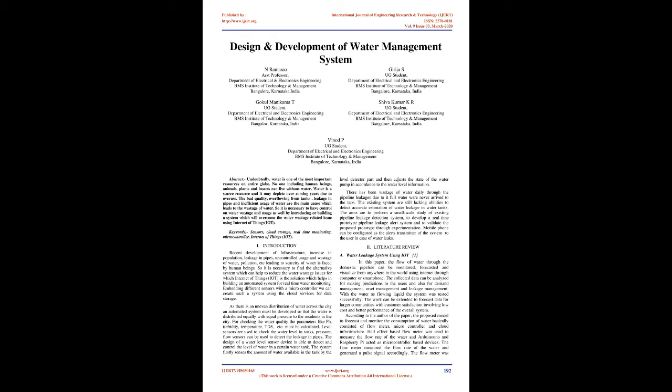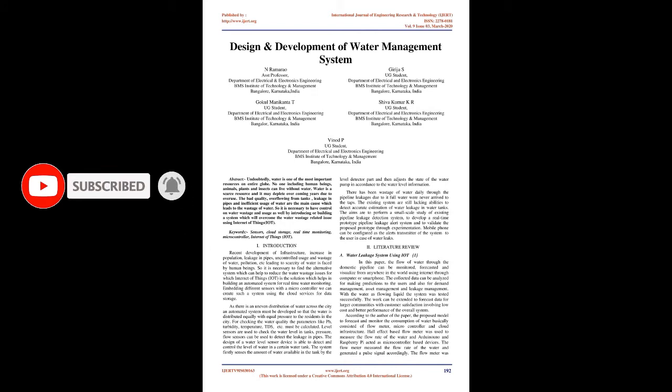1. In this paper, the flow of water through the domestic pipeline can be monitored, forecasted, and visualized from anywhere in the world using the internet through a computer or smartphone. The collected data can be analyzed for making predictions for the users and also for demand management, asset management, and leakage management. With water as the flowing liquid, the system was tested successfully.